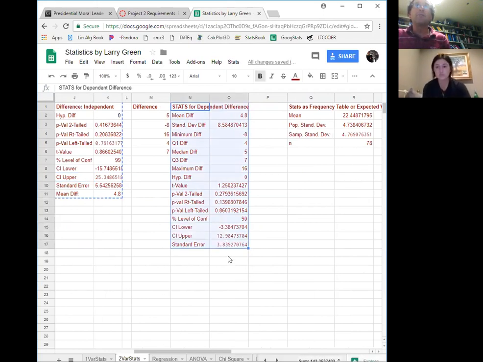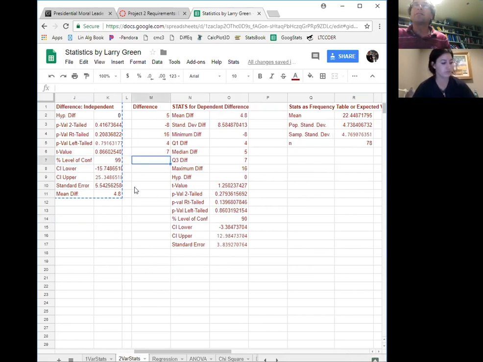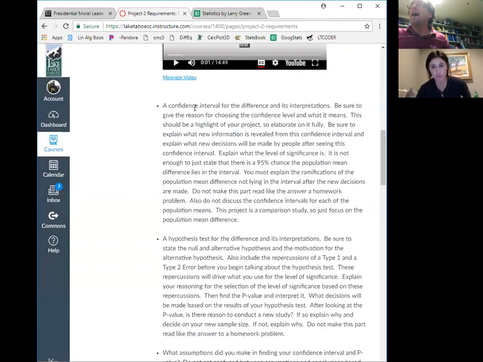Is that clear? So that's proving that you used the spreadsheet program. You do need to use it. It's really easy to use, but you just have to use it. Did it look pretty easy, by the way? You just type in the data and you look. I promise you it's easy to use. So that needs to happen.